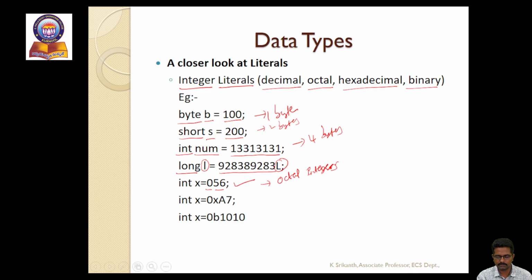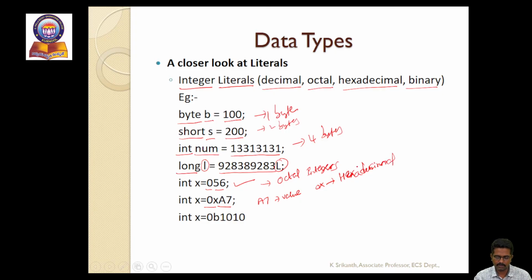Here we have one more example where the value starts with 0x. A7 is the value, and 0x represents hexadecimal format.